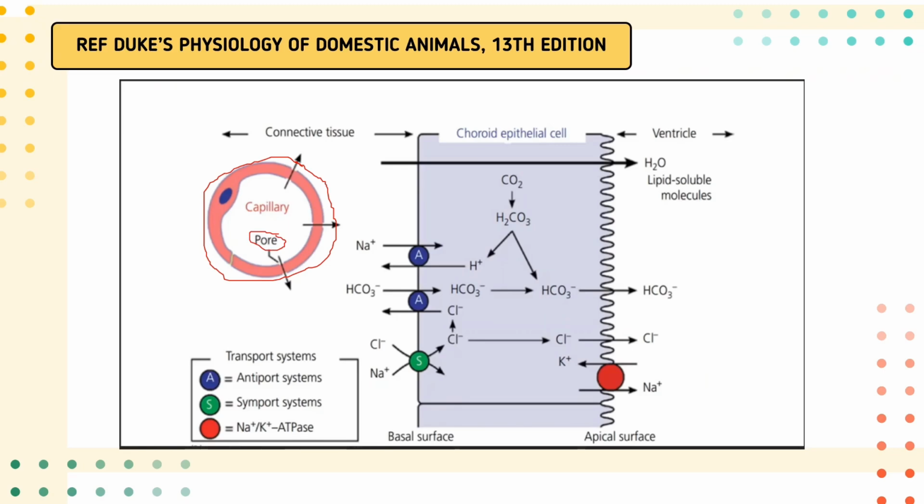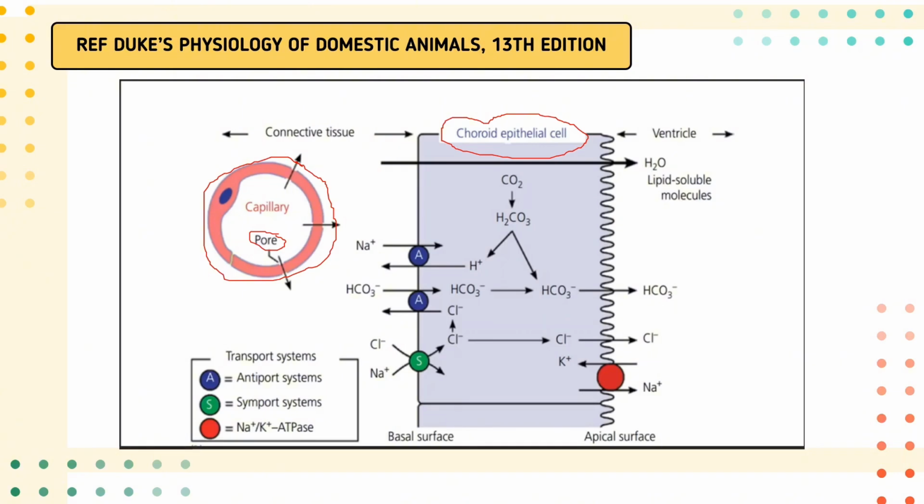As the endothelial cell has pores, they don't have the blood-brain barrier or the tight junction. And as we see here, this is the choroid epithelial cell. It has two surfaces, the basal surface and the apical surface. In the basal surface, the villi are absent, and in the apical surface, the villi are present.